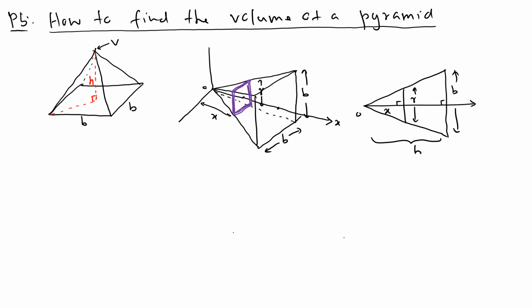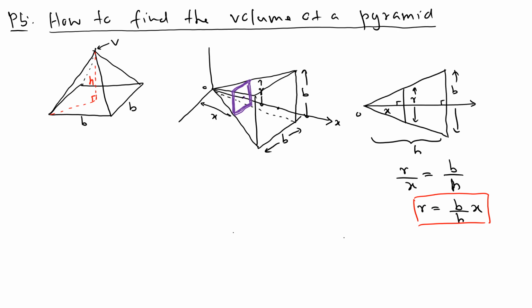Now we can use similar triangles here. By similar triangles, r over x is equal to b over h, because that corresponds to b over h. So r equals b over h times x. That's the relation we need between r and x. Now we can find the area, because that's the base length.